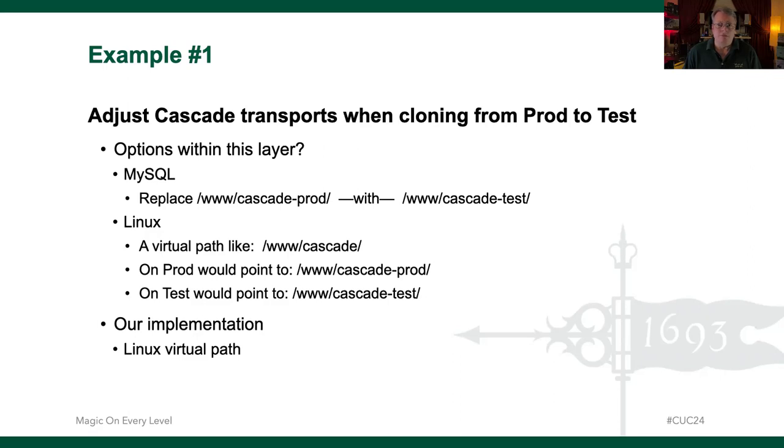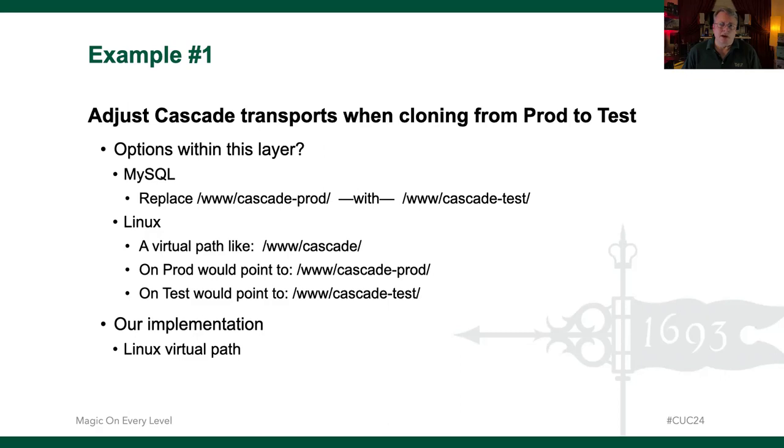We could either mount, map, or symlink a virtual path as a pseudonym for the actual destination. For instance, we could provide a single path like www/cascade, and on the production Linux server, it would point to www/cascade-prod, while on the test Cascade server, it would point to www/cascade-test.